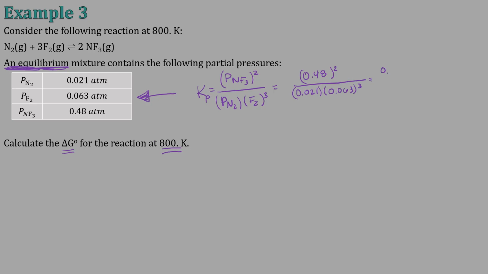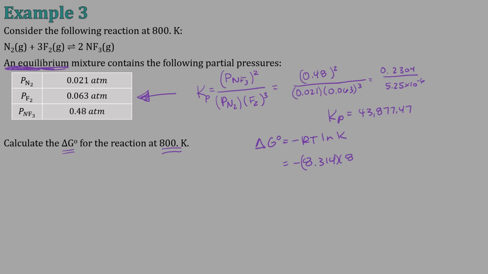So that gives me 0.2304 divided by 5.25 times 10 to the negative 6. So my K is 43,877.47. So then to calculate delta G, I'm just going to plug it into this equation. And my R is negative 8.314.